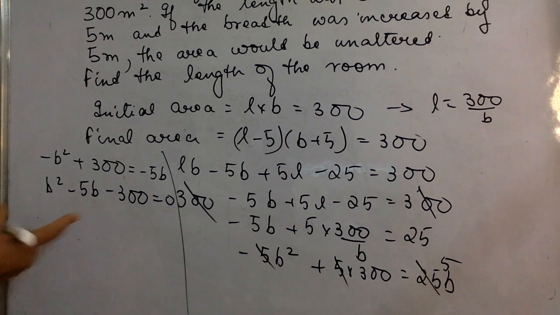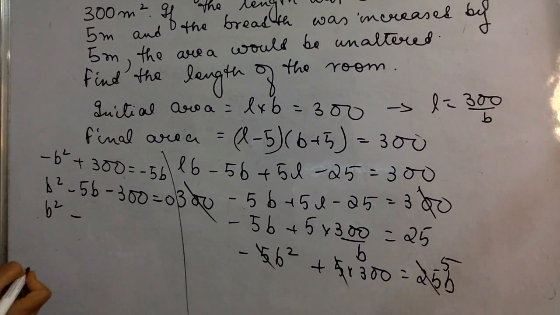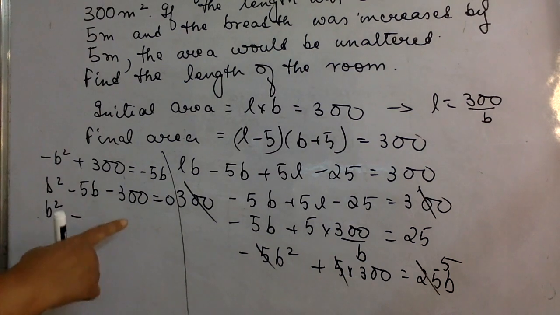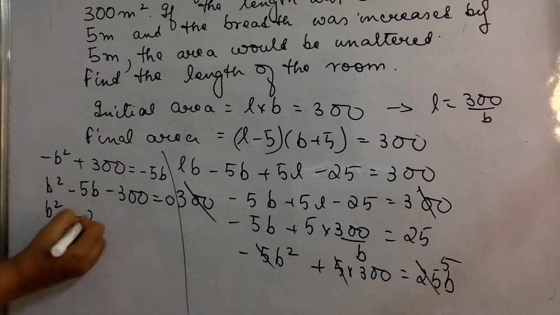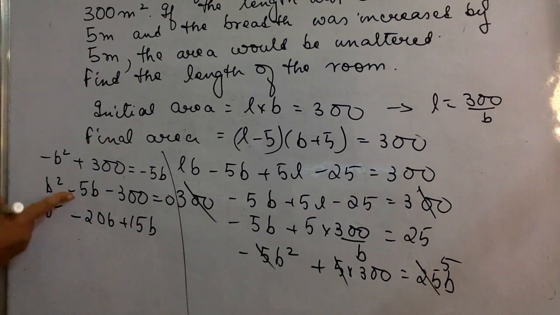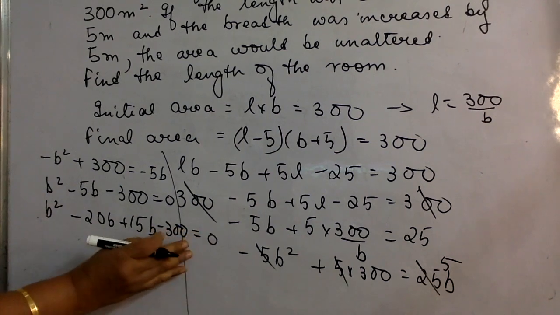In that case, what is the B square minus, this is 300. 300 I can factorize and get the factors, which are 15 and 20. Okay. So minus 20B plus 15B will give me a minus 5B, and 20 into 15 gives 300, minus 300, that is equal to 0.